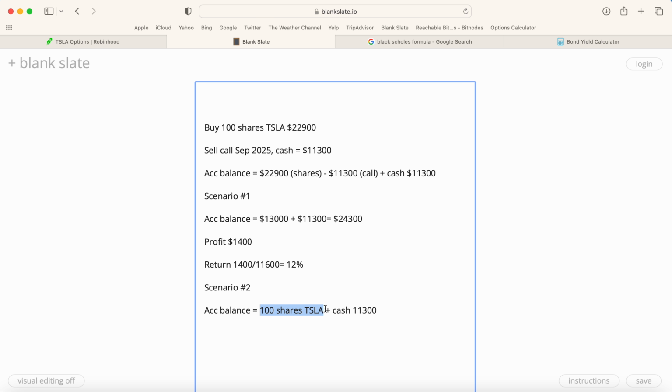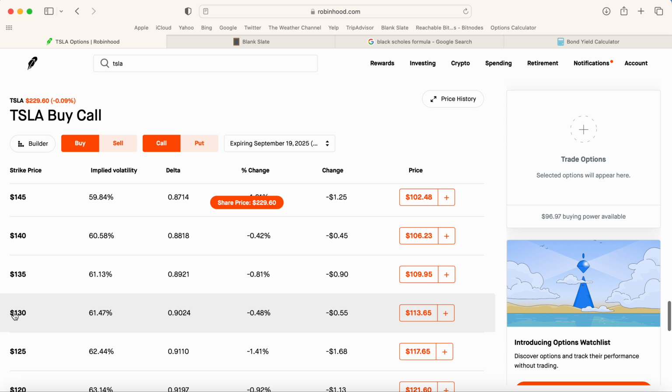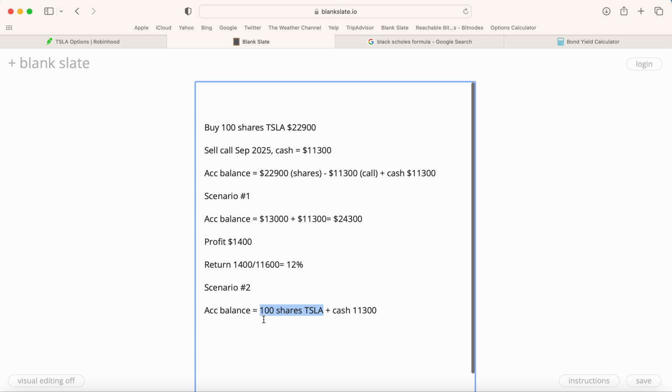But remember we said when we selected this call option with this strike price that we think that the fair valuation of Tesla is $130 per share. Well, here we are continuously holding those 100 shares of Tesla. And because Tesla is trading at a price that is less than $130, it means that we just basically entered the investment at a price that is less than $130.